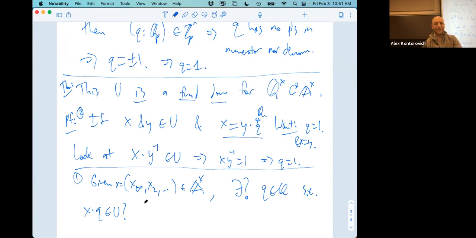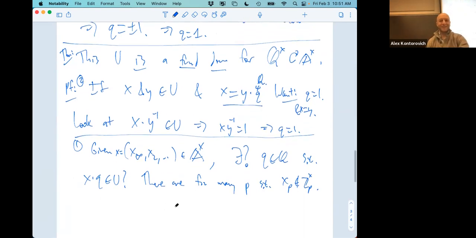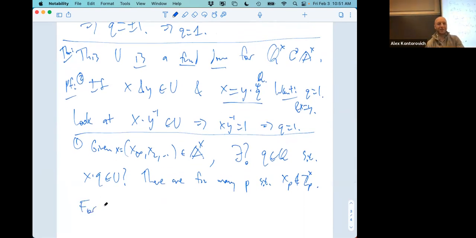There are finitely many P such that XP is not in ZP cross, by the definition of the ideles, for each such P. Now, it might be because it's in QP and not in ZP, or it might be because it's in ZP but not in ZP cross.